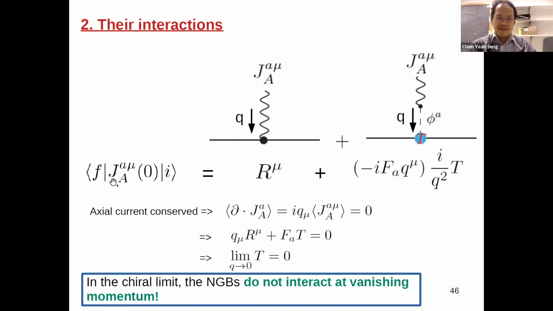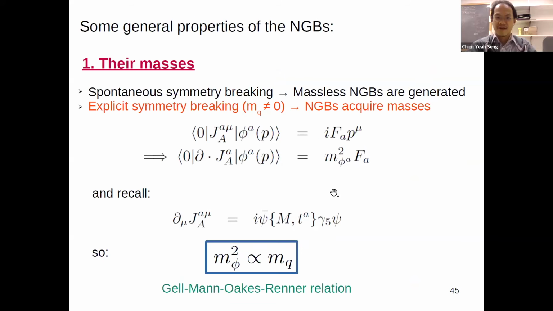And then if you take the derivative of the left-hand side, in the chiral limit, the derivative gives you 0. Therefore, the right-hand side is 0 by dotting with q mu. And so this gives rise to the relation q times R equals F times T, where F is a constant, which we call the decay constant, and we will explain later.